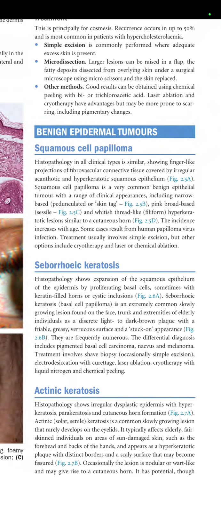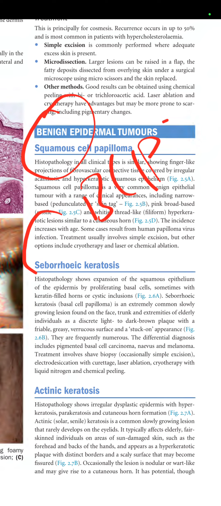Seborrheic keratosis. Seborrheic keratosis is also known as basal cell papilloma. So you can see whenever there is a squamous cell, there will be the basal cell. Histopathology shows expansion of the squamous epithelium of the epidermis by the proliferating basal cells, sometimes with keratin-filled horn or cystic inclusion.